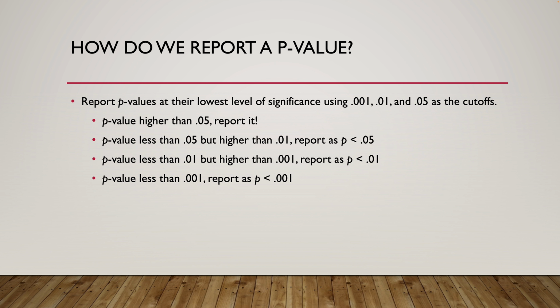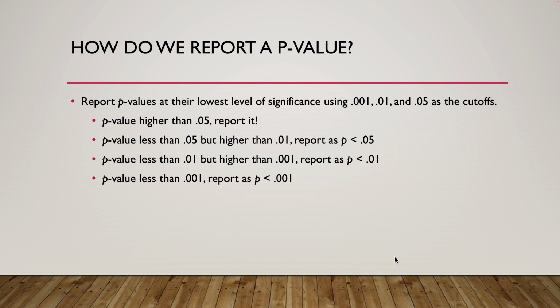If the p-value is less than 0.05 but higher than 0.01, you report it as p less than 0.05. If the p-value is less than 0.01 but higher than 0.001, you report it as p less than 0.01. And if your p-value is less than 0.001, you report it as such.